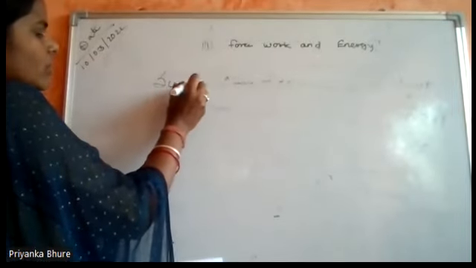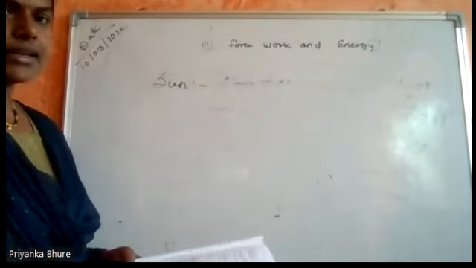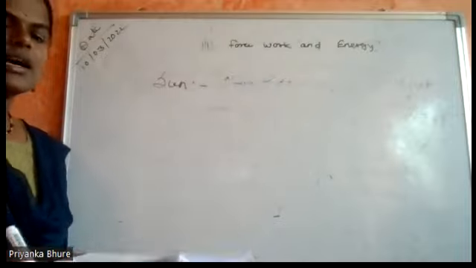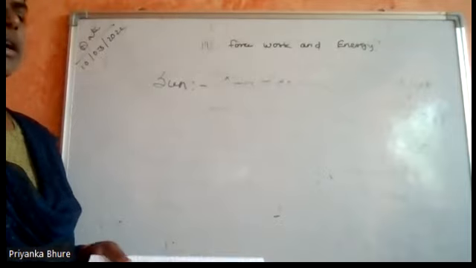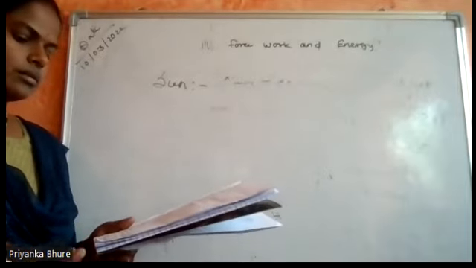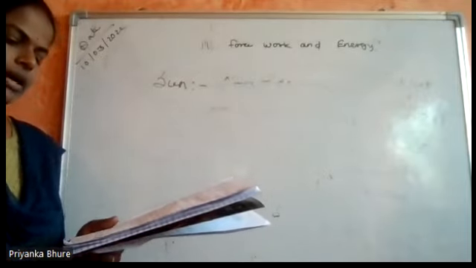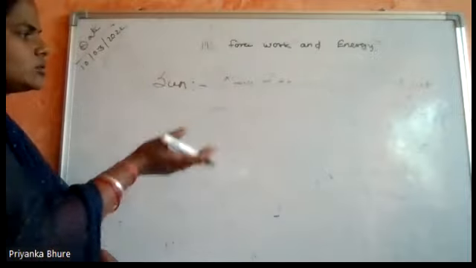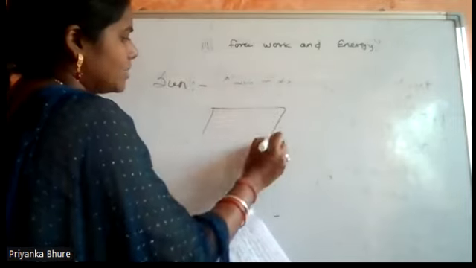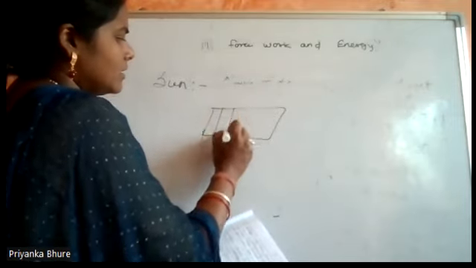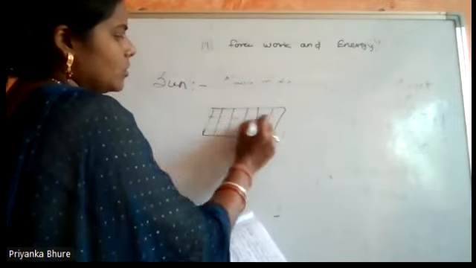From the sun we are getting radiations, that is heat and light, and that is known as solar energy. Plants use the solar energy to make their own food in chemical form. The solar energy is also converted into electrical energy, like in a solar panel; most people use solar panels in their homes.